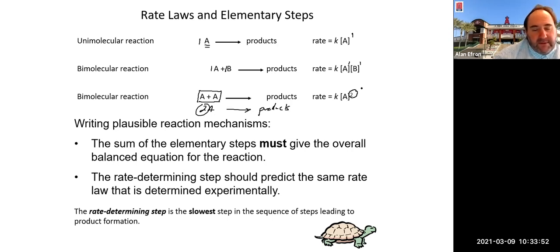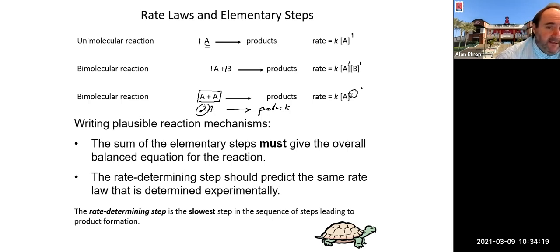So how do you determine if, like, I'm looking at this mechanism, I got all these individual reactions given to me. How do I know this is perhaps a good mechanism or a bad mechanism? There are a couple of major things that you want to look at when you're trying to determine, hey, is this a good mechanism or is this a bad mechanism?